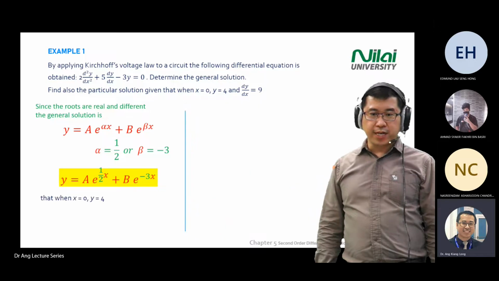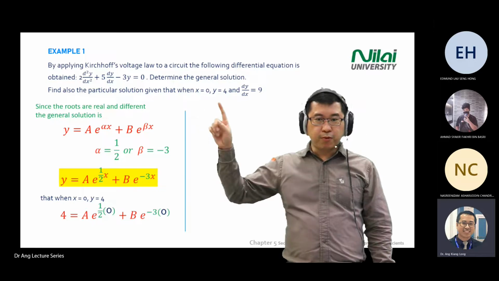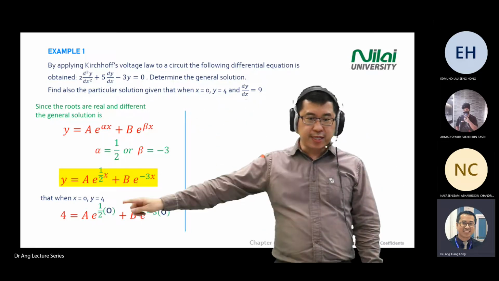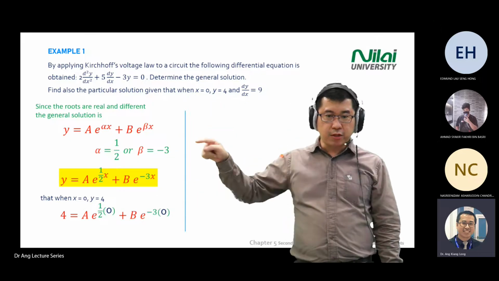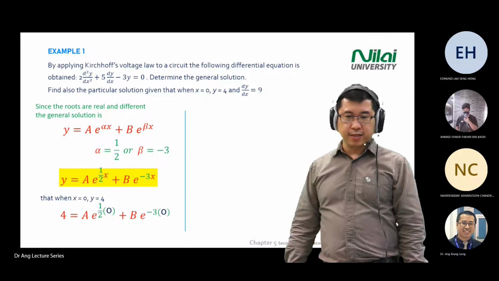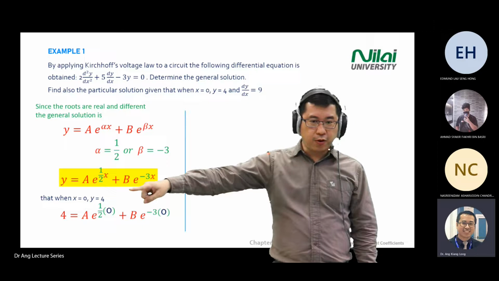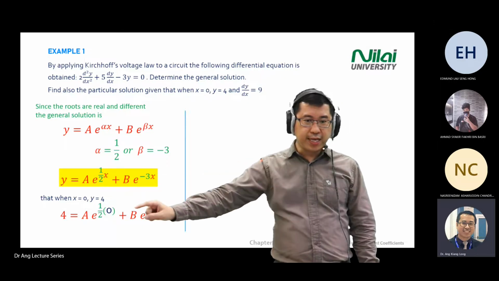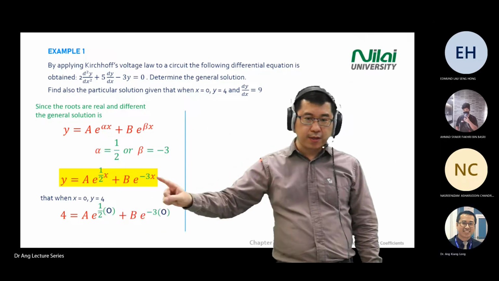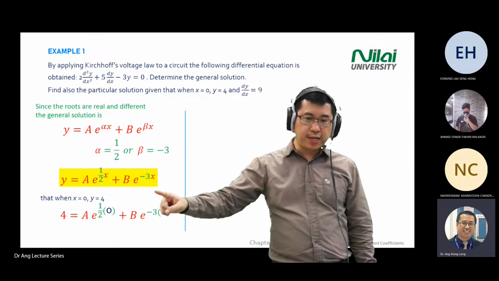So the next step is that you can substitute the dy dx first, but usually I prefer to do the y first. In this case, I substitute my x and y into the equation. So y equal 4, so 4 equal a e to the half times x, and x is 0, so e to the 0, b copy, e to the minus 3 times 0.